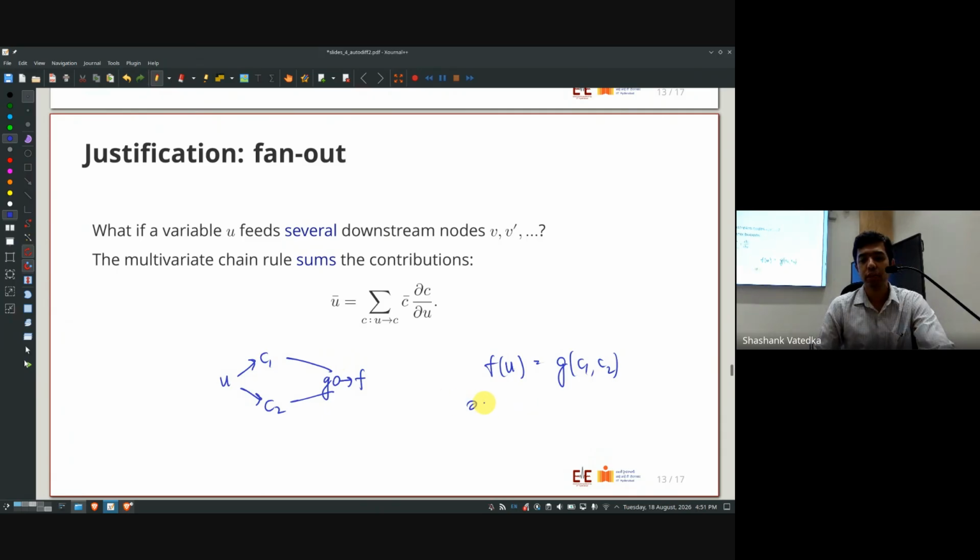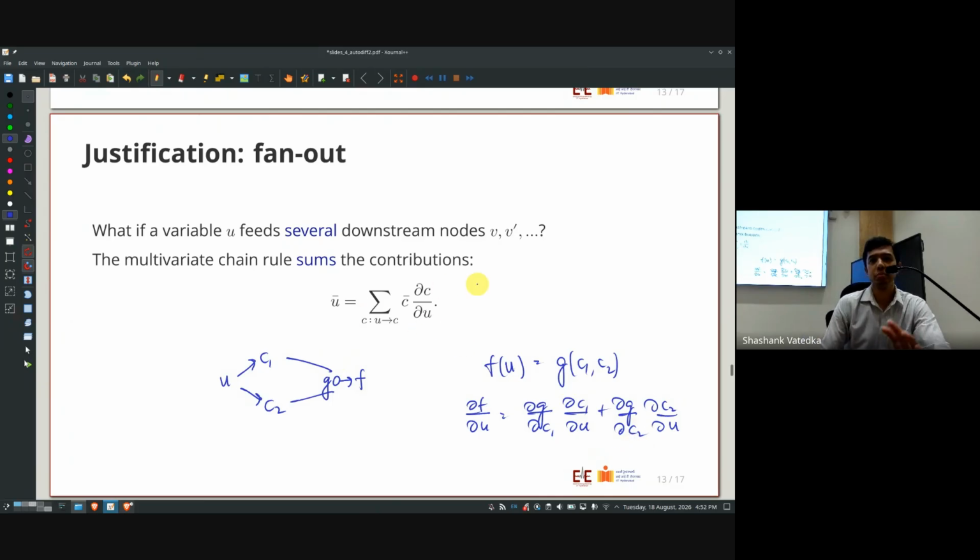If I use the chain rule, what is ∂f/∂u equal to? It is ∂g/∂C1 times ∂C1/∂u plus ∂g/∂C2 times ∂C2/∂u.